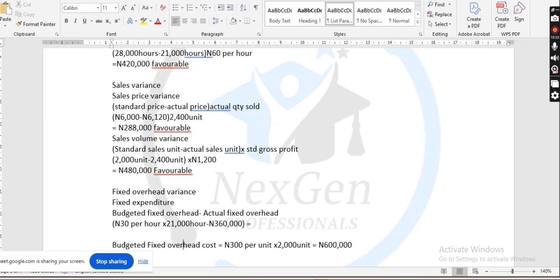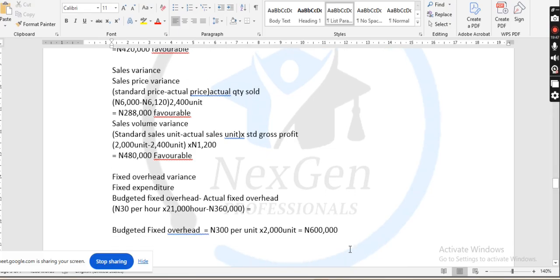Now, if 600,000 is your budgeted fixed overhead, and the question says that they absorb their overhead on the basis of the units, if I want to determine my overhead absorption rate, which is the fixed overhead absorption rate, I will say budgeted overhead divided by budgeted level of activity, which is the unit.